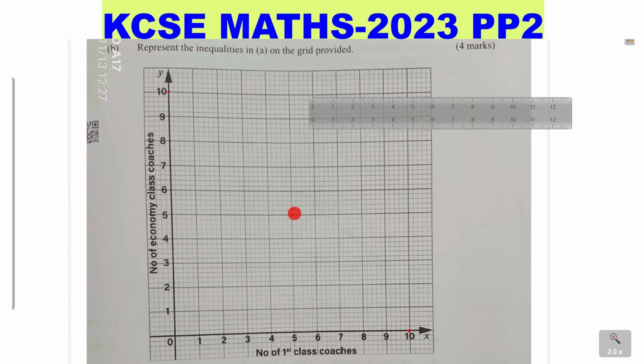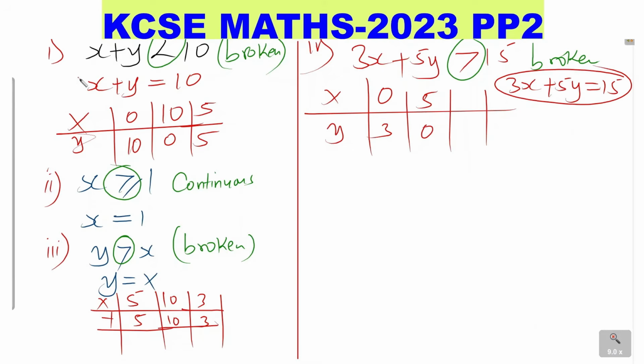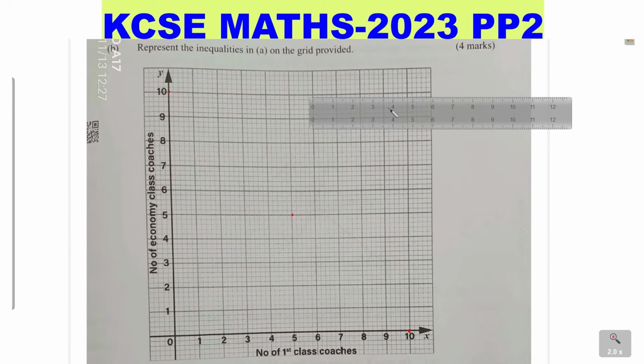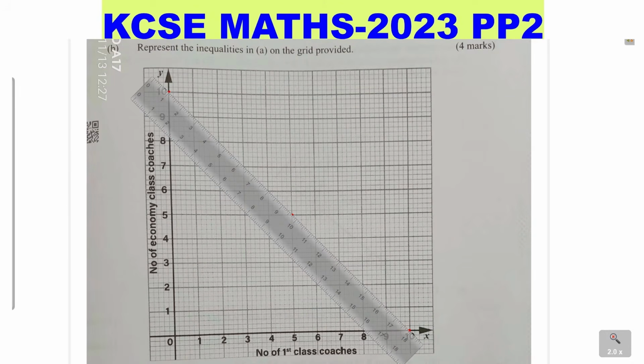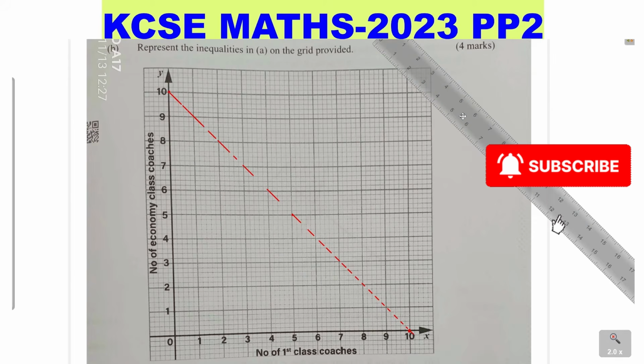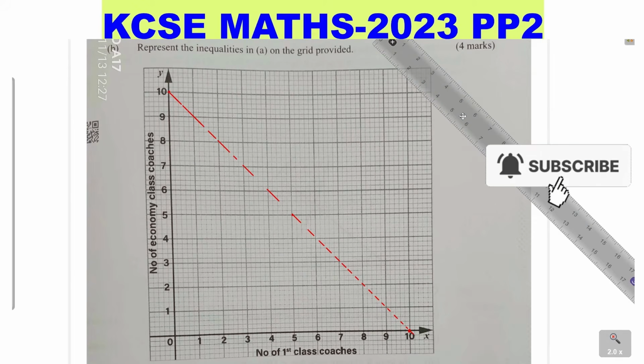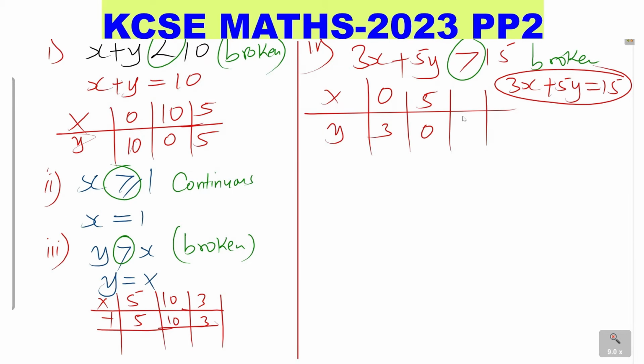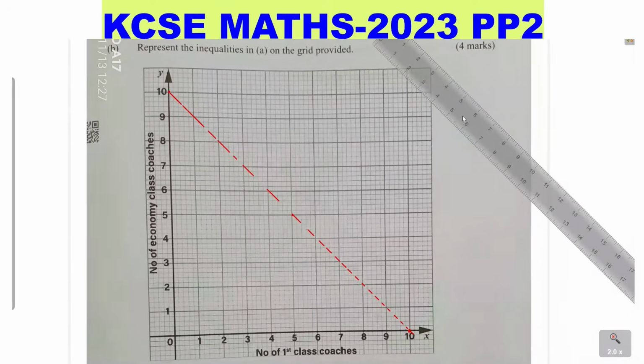Join them, and don't forget that the line should be broken. So you draw that broken line. So that is the line x plus y is equal to 10.